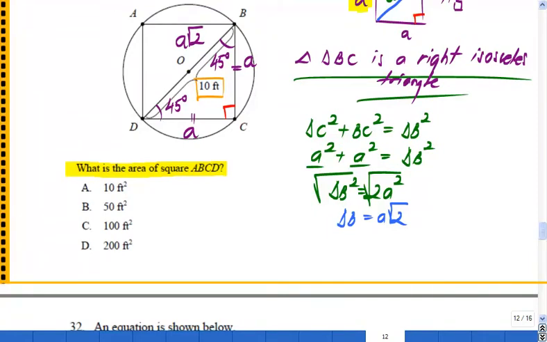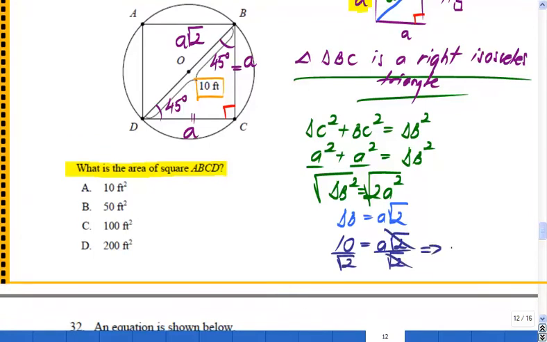So what you have here, I have 10 equals A square root 2. Now to find your side A, all we have to do is divide by square root 2, which tells you that the side of the inscribed square ABCD is equal to 10 over square root 2.